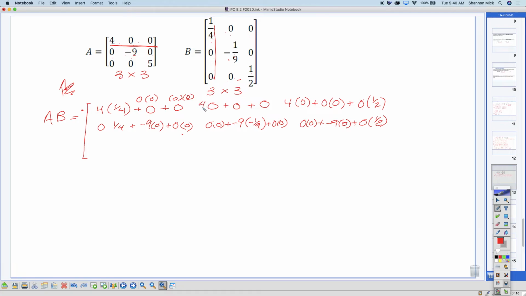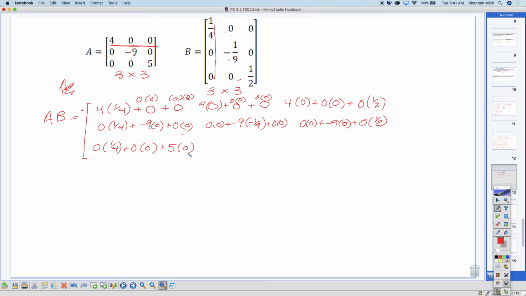Okay, so I have 4 times 0, 0 times 0, and 0 times 0. I have 4, 0, 0. Okay, and then I have 0 times 1/4, -9 times 0, 0 times 0. This row is all right now. Now I'm going to go to the last row. 0 times 1/4 plus 0 times 0 plus 5 times 0.